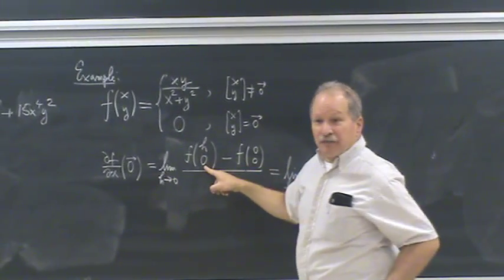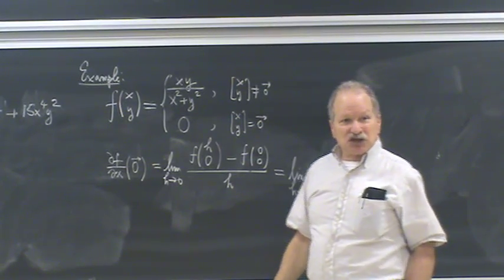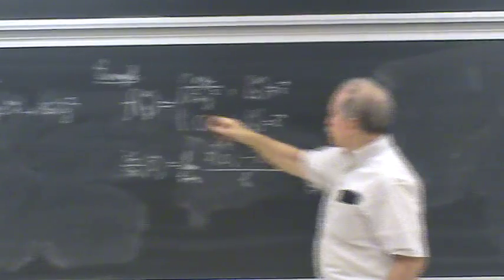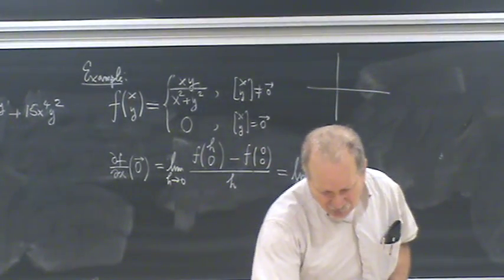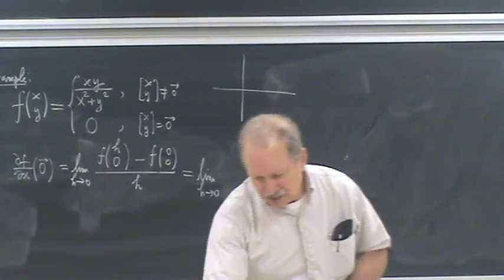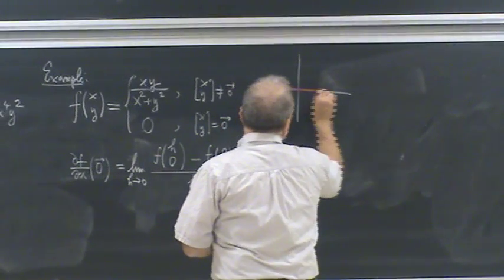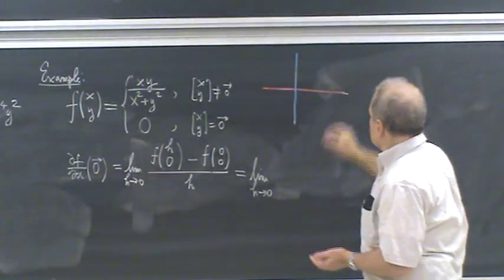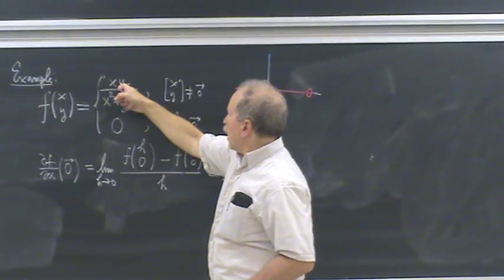What is f of (h, 0)? 0. It's 0. This function, if you recall, when we looked at the picture and when we discussed it last week, is 0 on the axes because of the formula for this function. So as you vary x, and as you vary y, this function is 0 everywhere there, because you have y is 0.